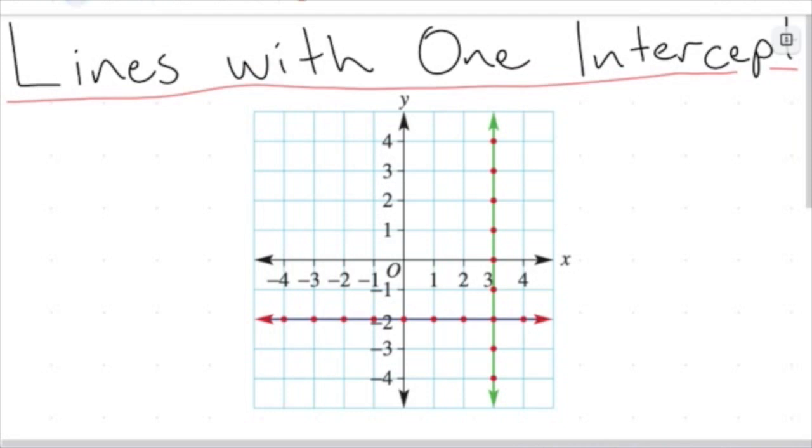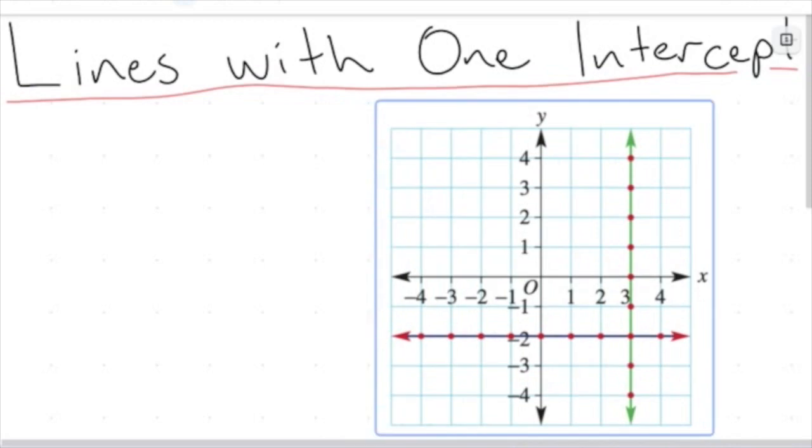They're no longer slanted and drawn like this, for example, or like this, which we may have been used to up until now. With these types of graphs, in terms of their equations, they're not too difficult, but I want to spend a little bit of time explaining and giving you hopefully some intuition as to why these look the way they do.